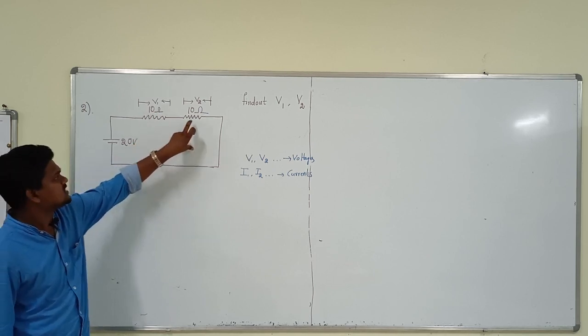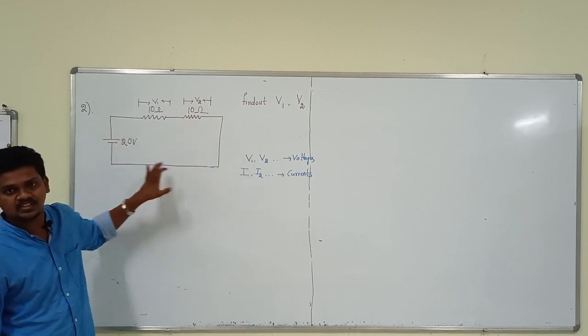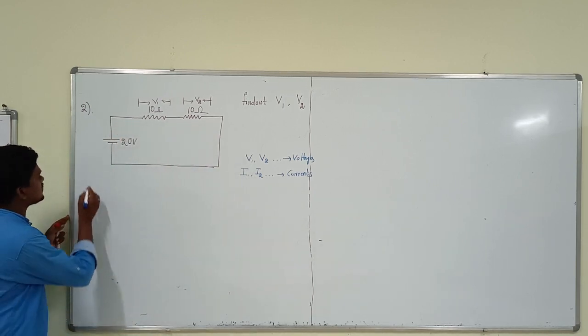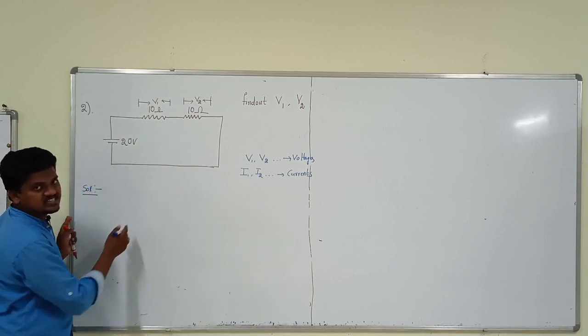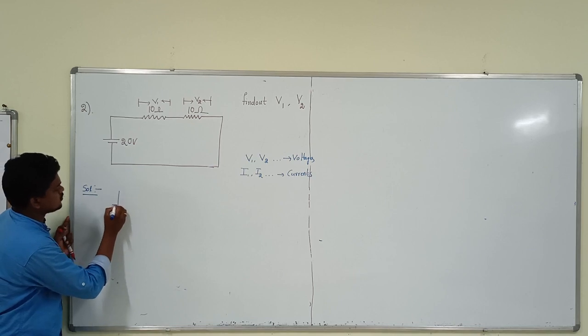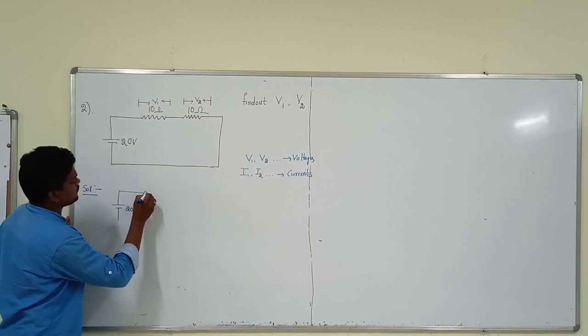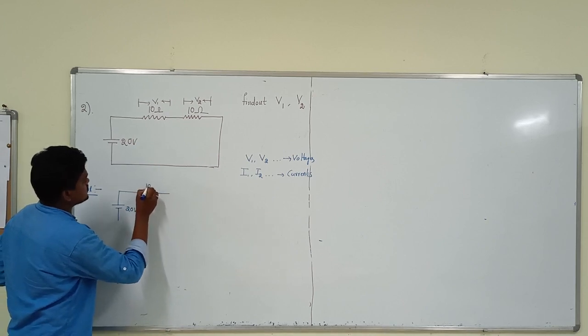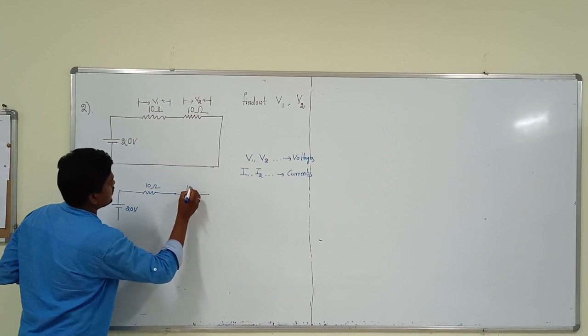Same here also. So the condition is to find the current in the circuit. First, redraw this circuit. This is the 20 volt source, and we have a 10 ohm resistor, and then again a 10 ohm resistor.